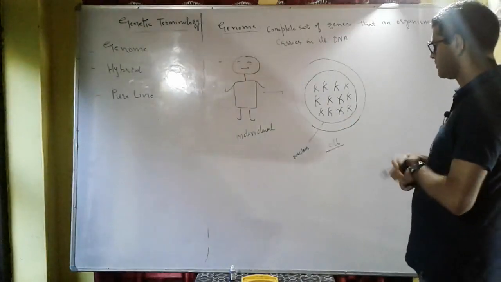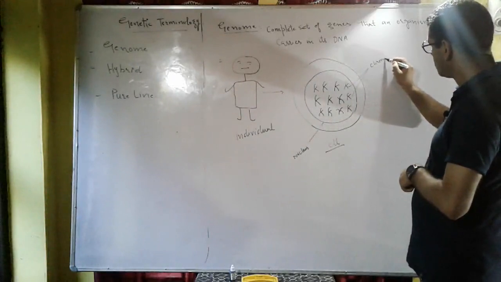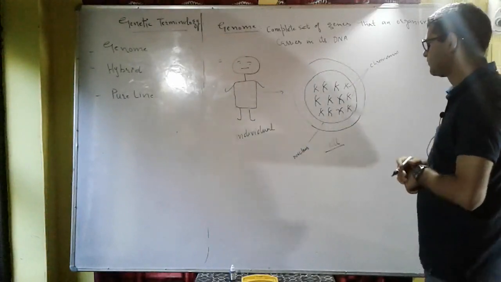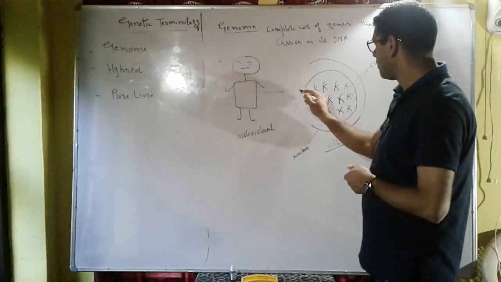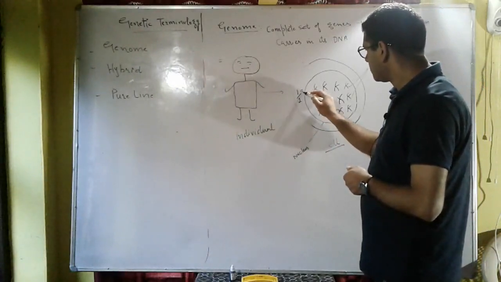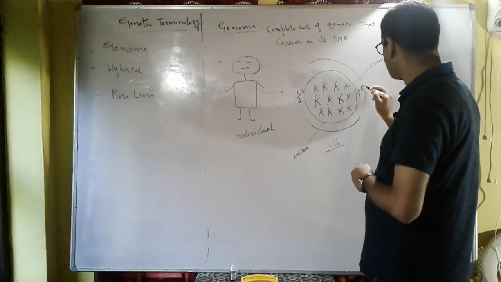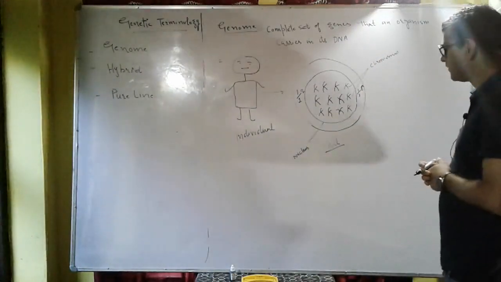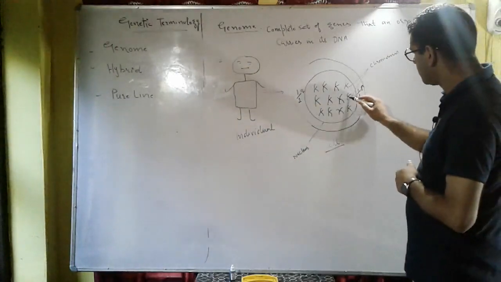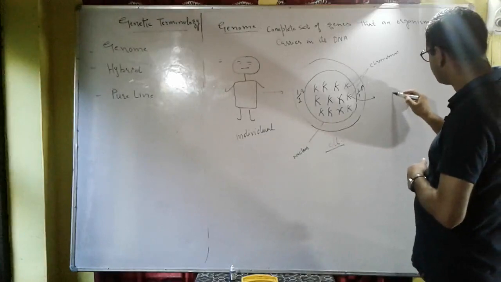Half chromosomes from the mother and half chromosomes from the father. So this chromosome, it would be like this.